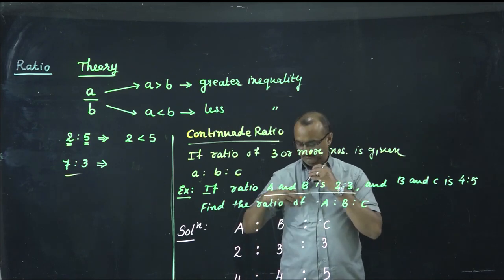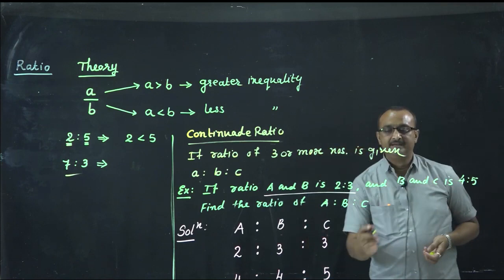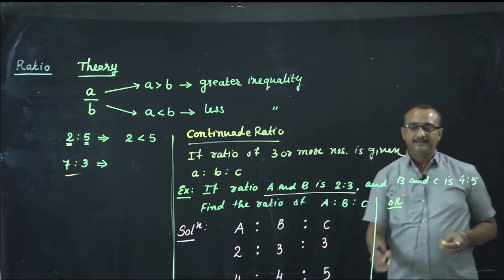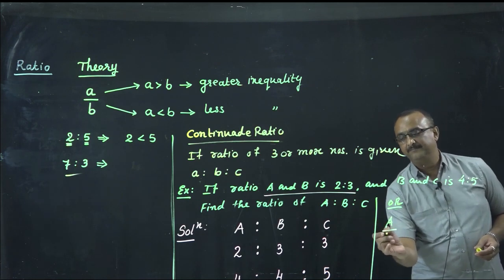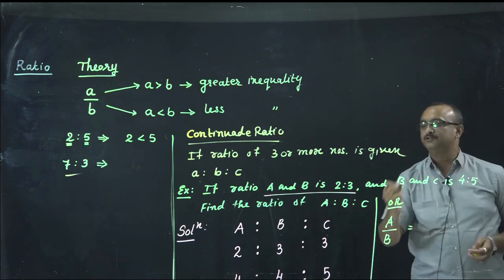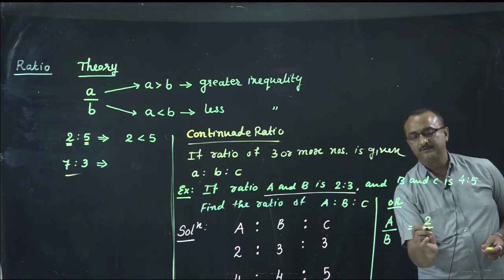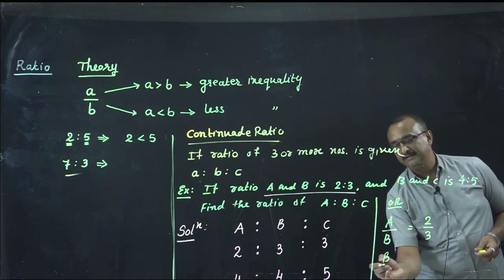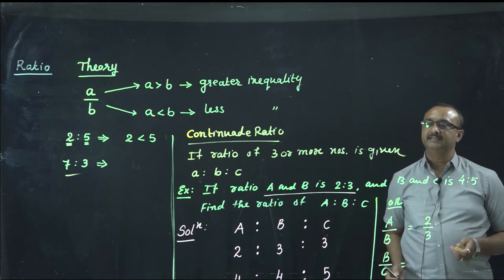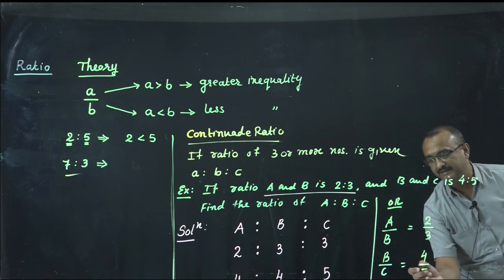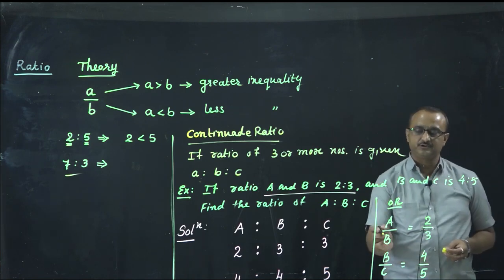Again, one more method we are taking. A by B equal to what? 2/3. Okay. And B is to C equal to what? 4:5. Okay. Now find which is a common number.